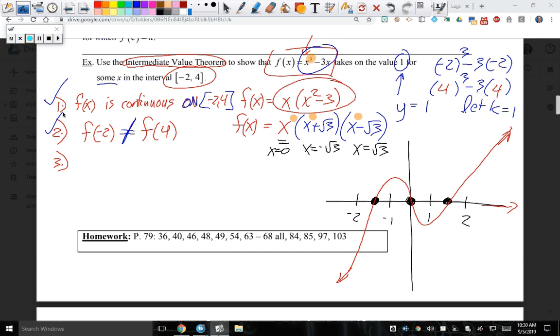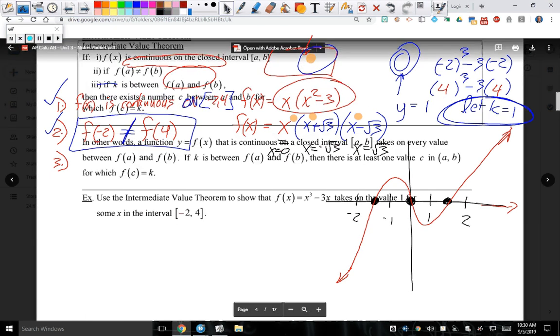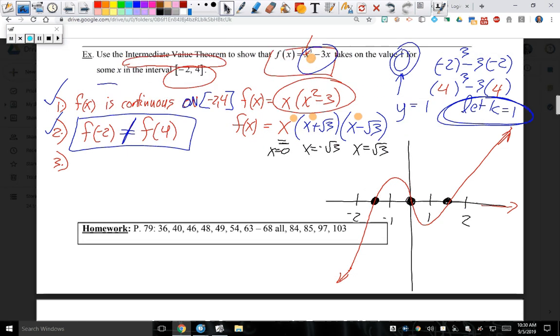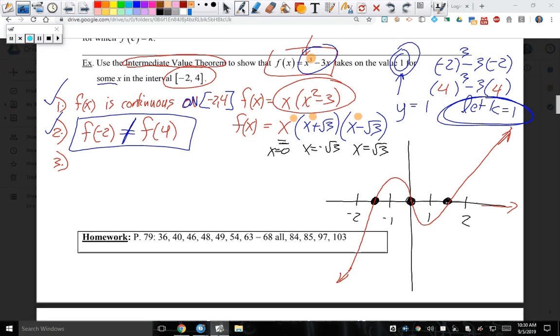Can you fit this k value of 1 in between -2 and 52? Yeah, it does fit. So we're going to, just like you have on the proof up here, watch up here, if k is between f of A and f of B. So let k equal 1.